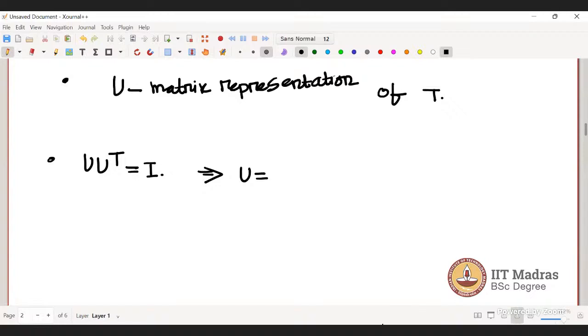Sir, I have a doubt related to one of the notations. In week 7, while studying dot product and inner product, we have used two vertical lines. How do you pronounce that? Is it double modulus?